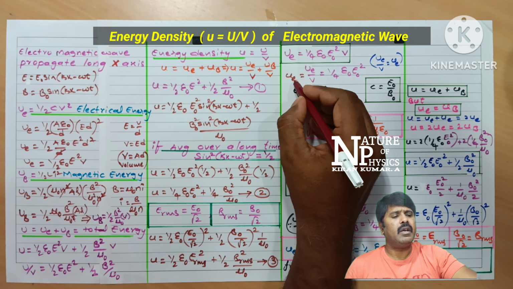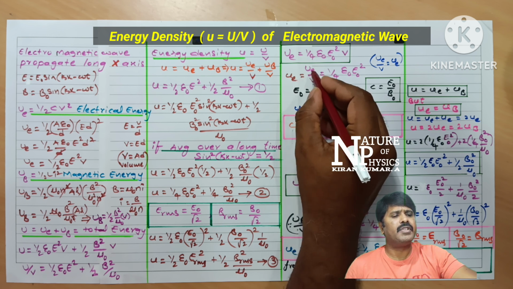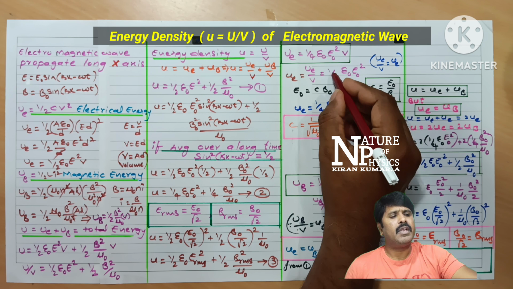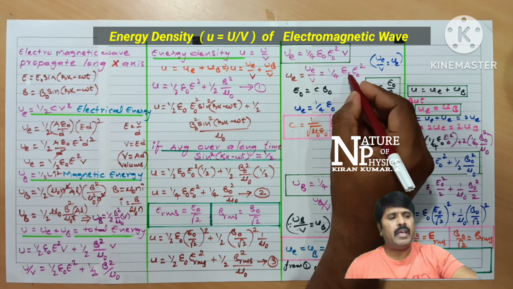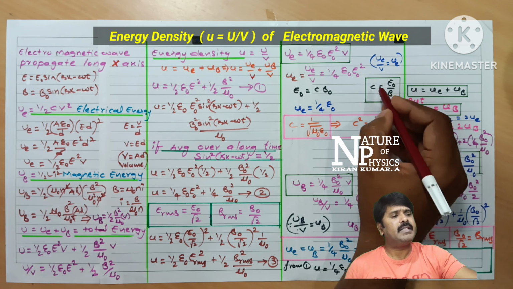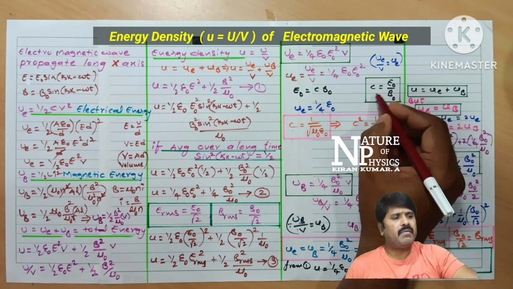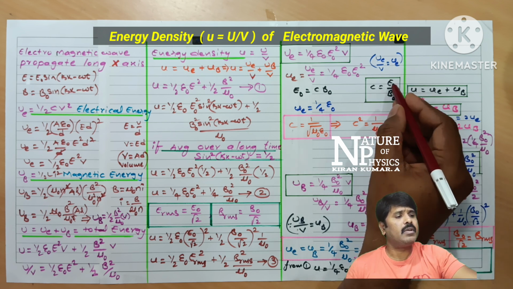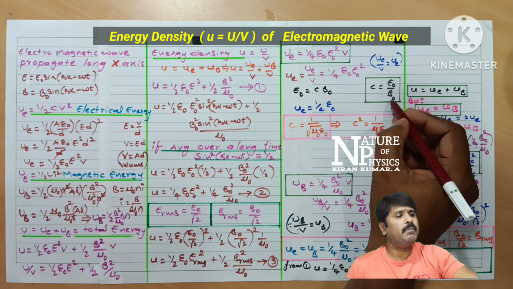Energy density of the electrical energy is equal to energy divided by volume, that is 1/4 pi epsilon naught E naught square, student. From the basic equation, velocity of light is equal to E naught divided by B naught.